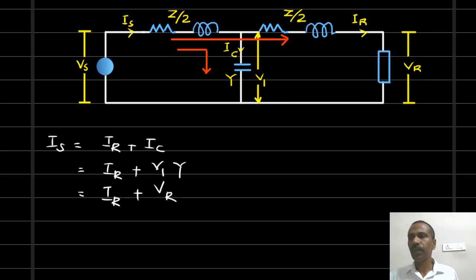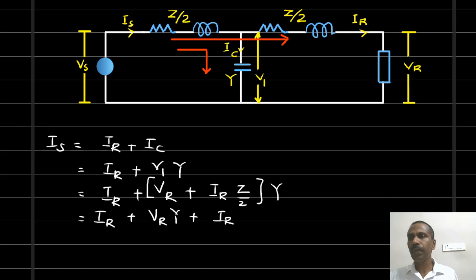That is VR plus the drop in this part, which is IR into Z by 2, into Y. So this is equal to IR plus VR into Y plus IR into YZ by 2.